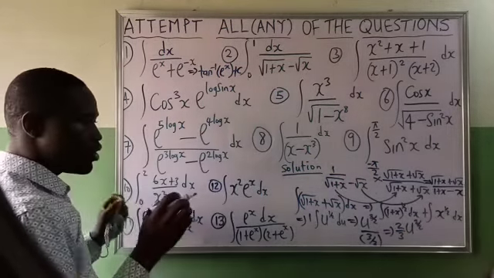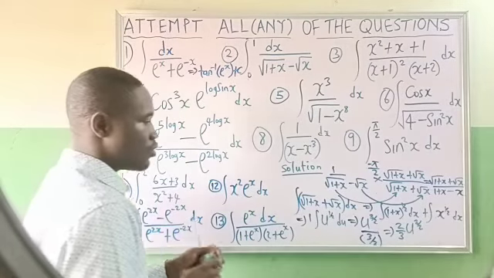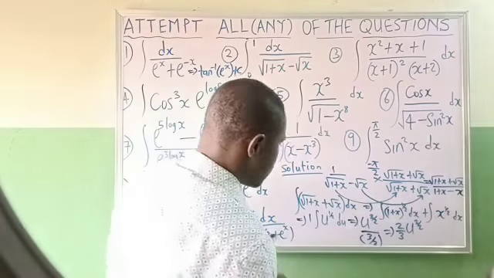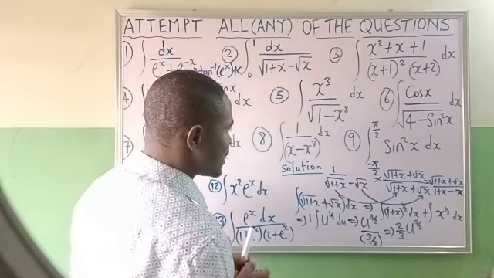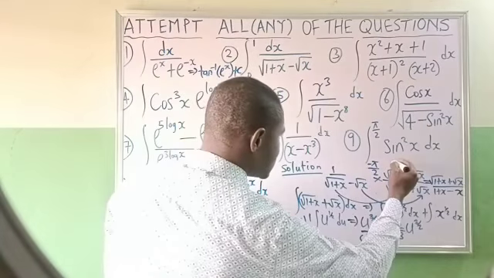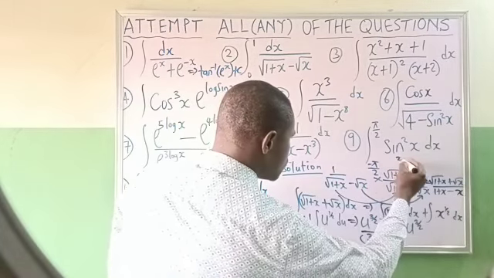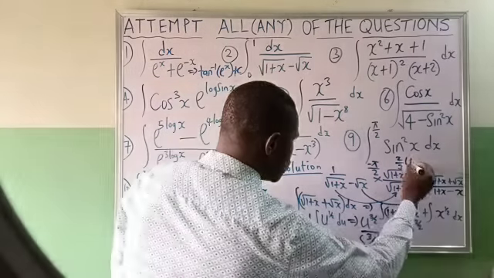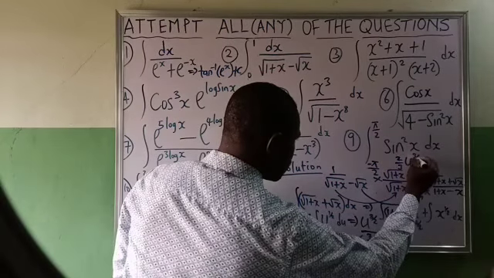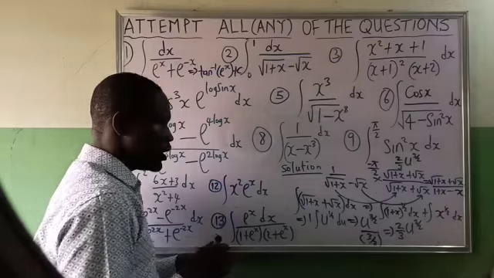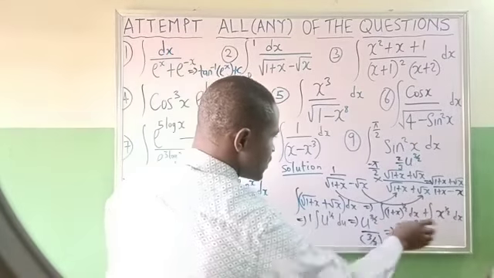I will note it. Now, I will come and write it here that it gave me 2 over 3 u raised to power of 3 over 2. Then I will try to integrate the second function.